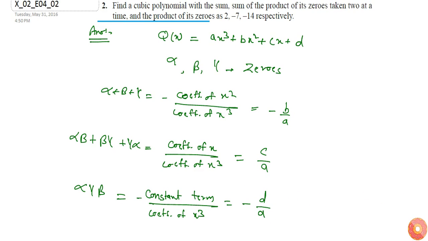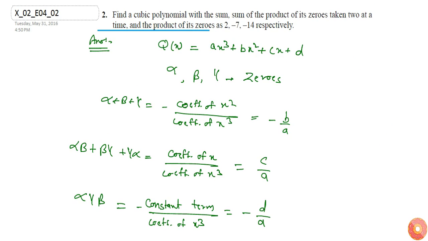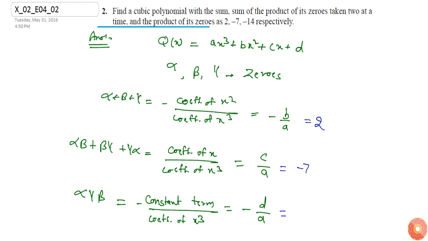Now in the question it is given that the sum of the zeros is 2, the sum of products of its zeros taken 2 at a time is minus 7, and the product of the zeros is minus 14.